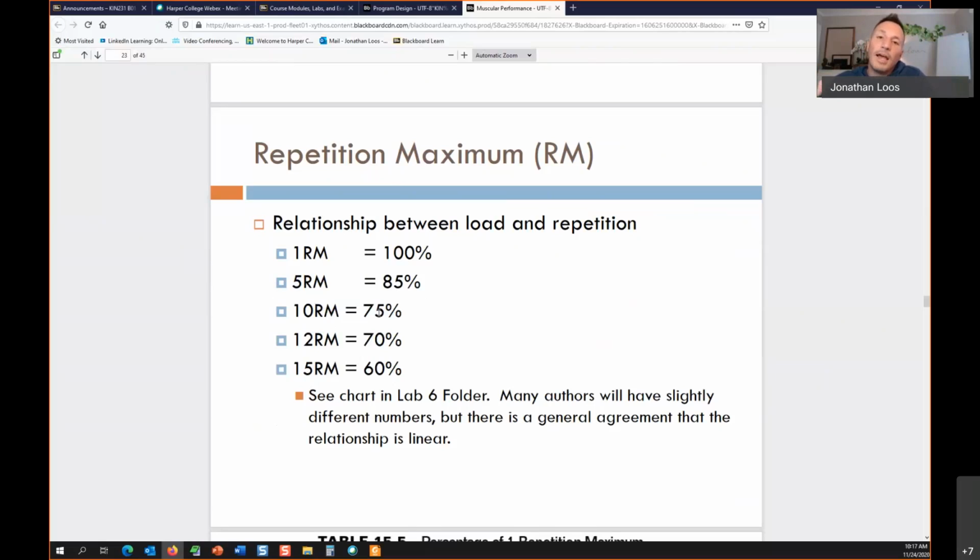And what we used to do in lab, we would do a 1 RM bench press, and then the next day or the next class period, we would do a 10 RM, and we would compare, and we would just basically validate this scale, the chart.